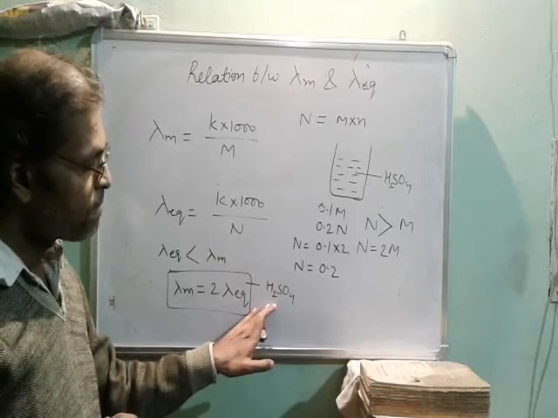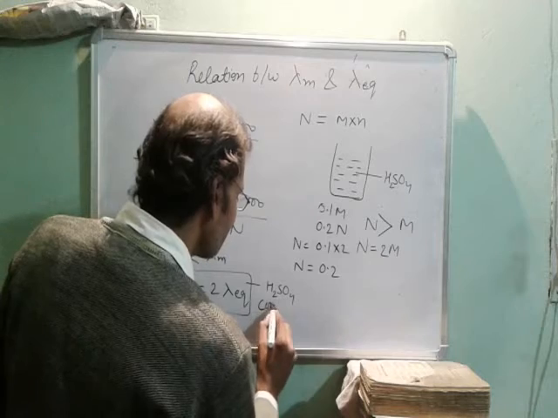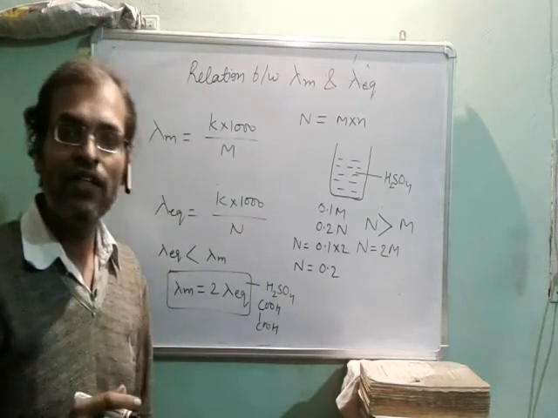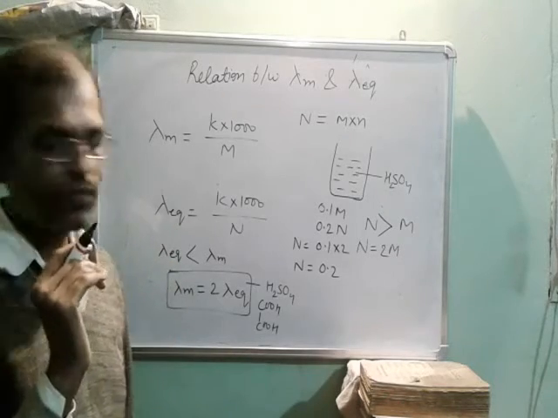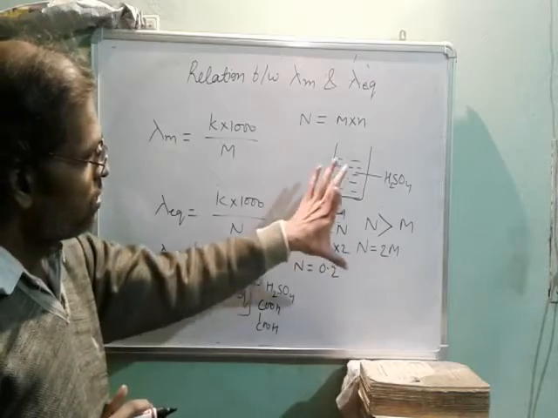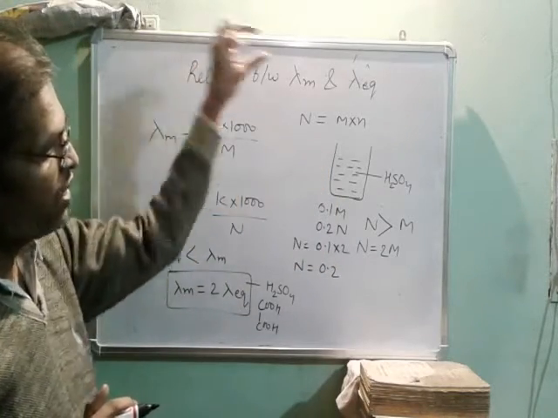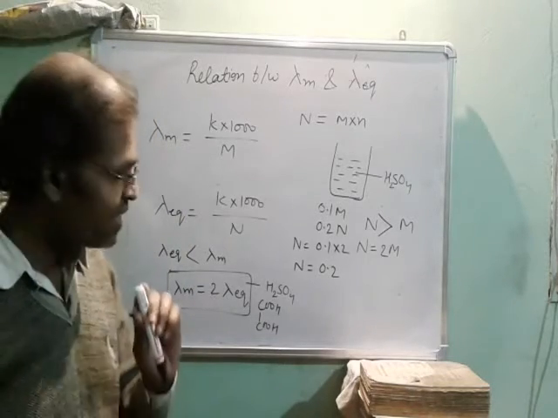This relation also holds good for oxalic acid, because in case of oxalic acid the equivalent weight is half the value of molar mass. Okay, so this is how we can relate the value of lambda m with lambda eq. Now next case is KMnO4 in acidic medium.